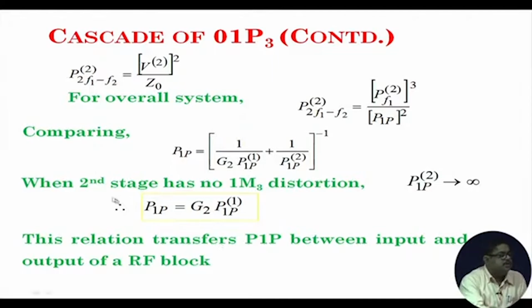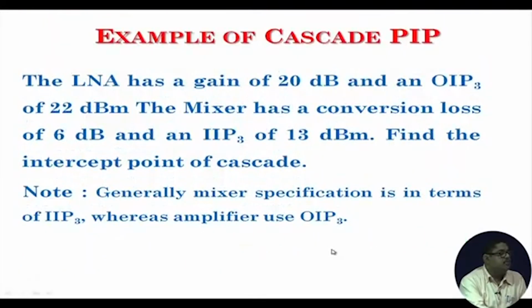So, if we put that, then PIP becomes G2 PIP1. So, this relation transfers PIP between input and output of an RF block. You see that from 1 to the overall, we can transfer the PIP between input and output.